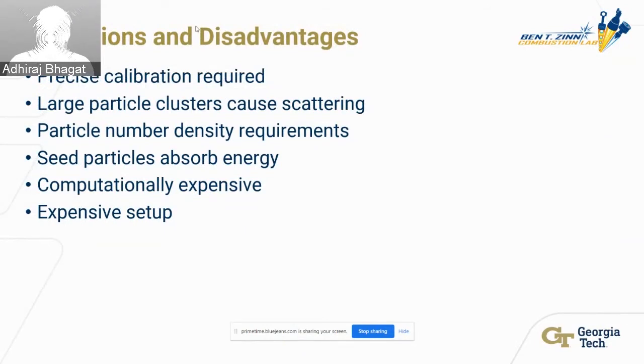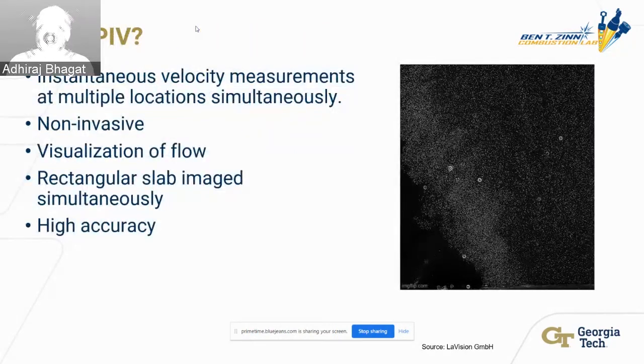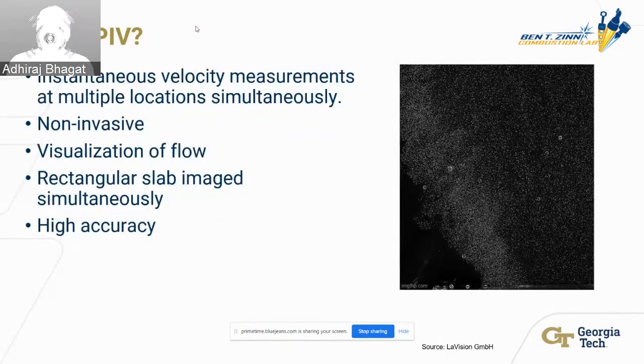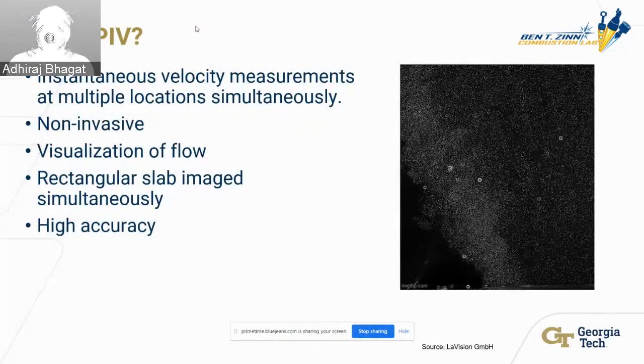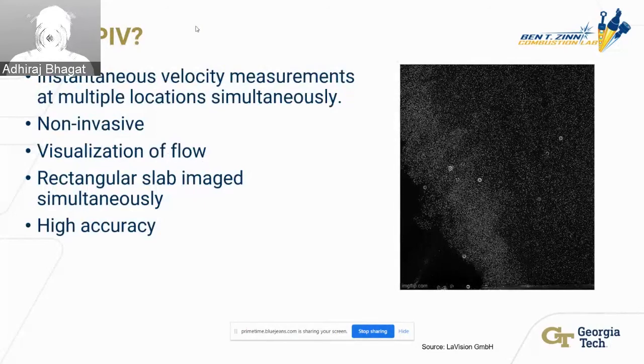There are particle number density requirements. So you want to make sure that your flow has an acceptable particle number density at all parts of the flow. Again, going back to the previous image, you can see that the products are a lot less dense than your reactants. The inclined line is your reactants, and then the central part is your products.